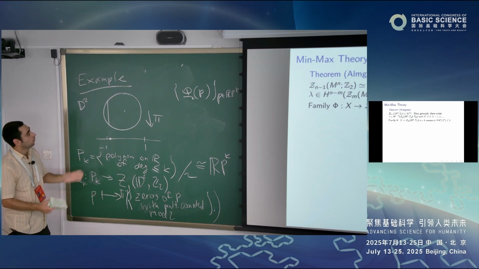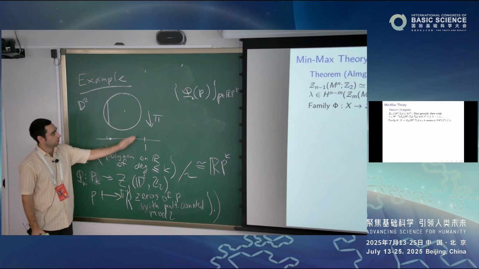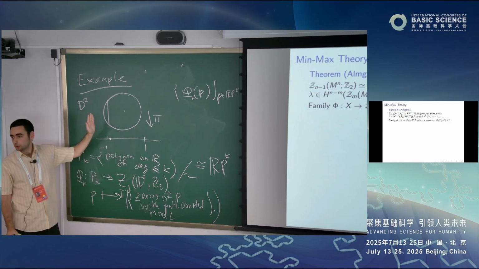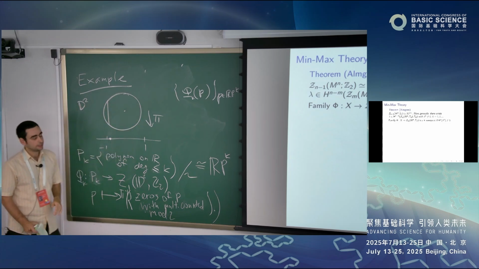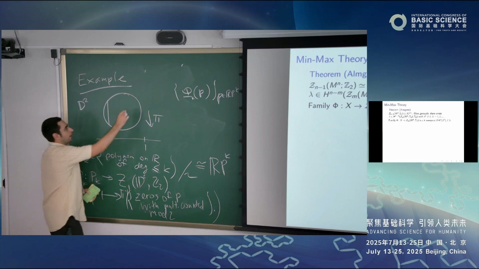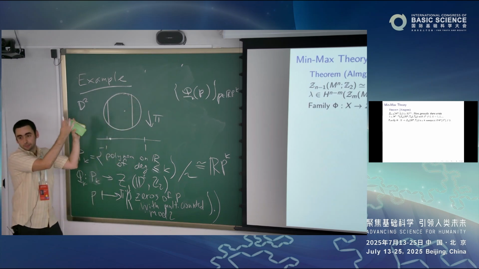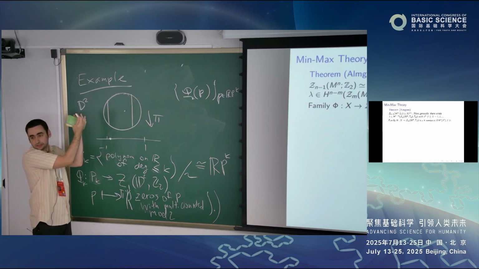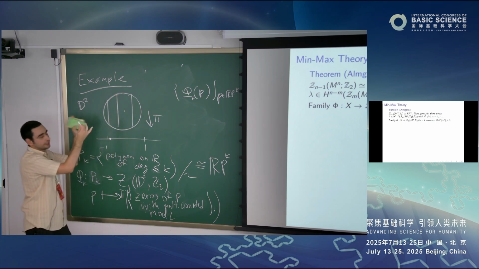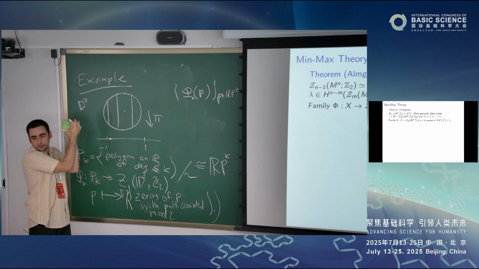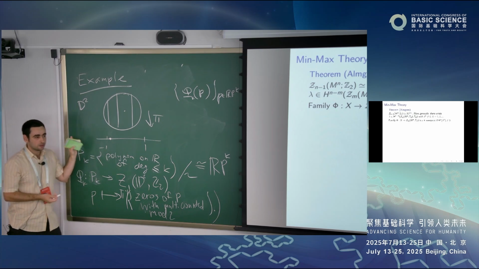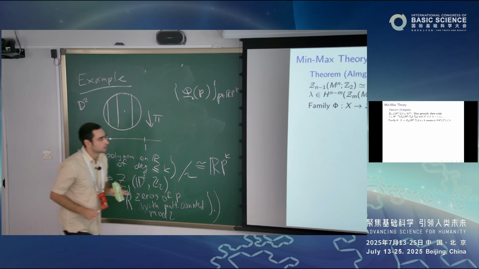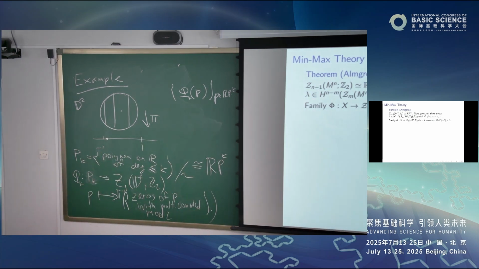So your one-sweepout will be the pre-image by the projection, and it will look like a line moving from left to right. For two-sweepouts, you have two lines moving independently. Sometimes they will meet each other and cancel each other out. For a three-sweepout, you'll have three lines that will sometimes meet with each other, and we will count them mod 2. So this is what a k-sweepout looks like in this setting.